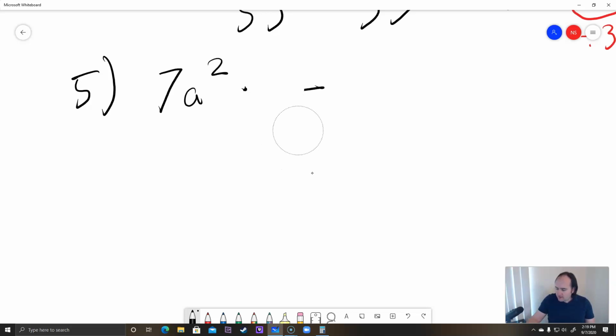Now the way they write this, it looks like the multiplication is in the middle, and that 7a squared is in the middle. But that's not correct. This 7a squared times 1 over 6 actually means 7a squared over 1.